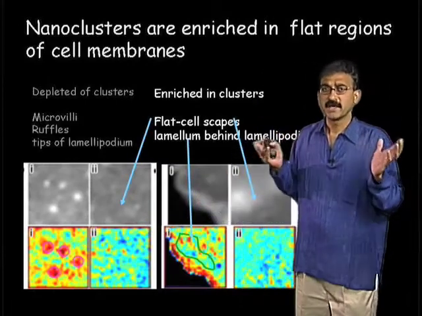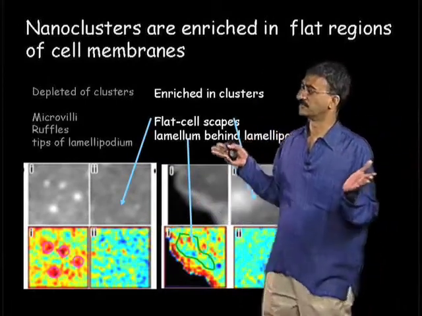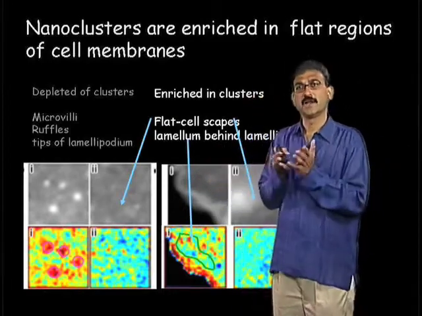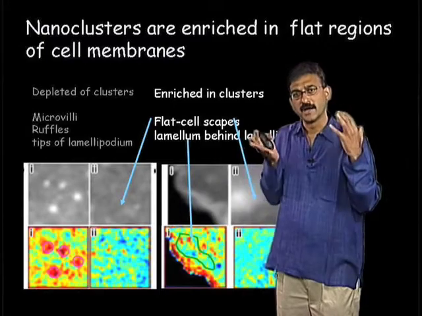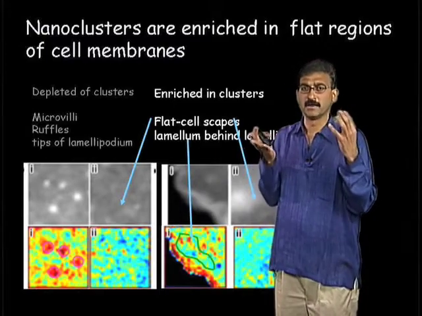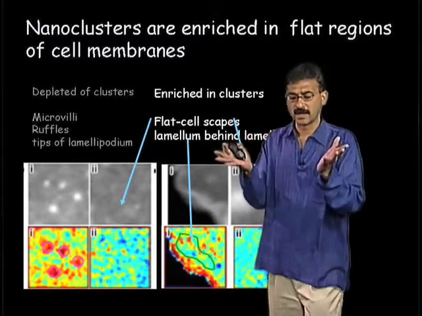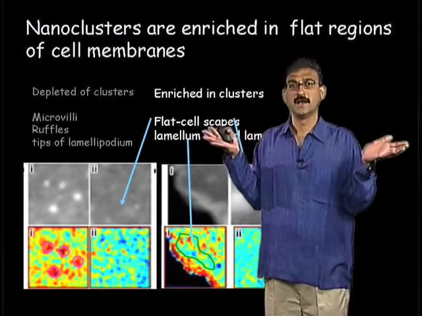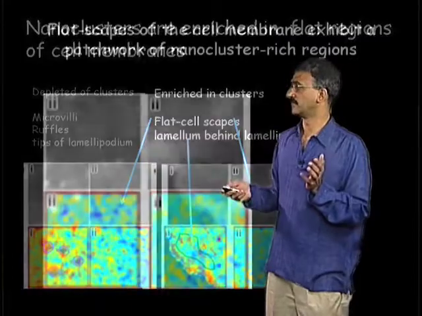So it appears from these sorts of observations that the GPI-anchored protein nanoclusters are in many cellular environments correlating with the underlying cytoskeletal matrix.